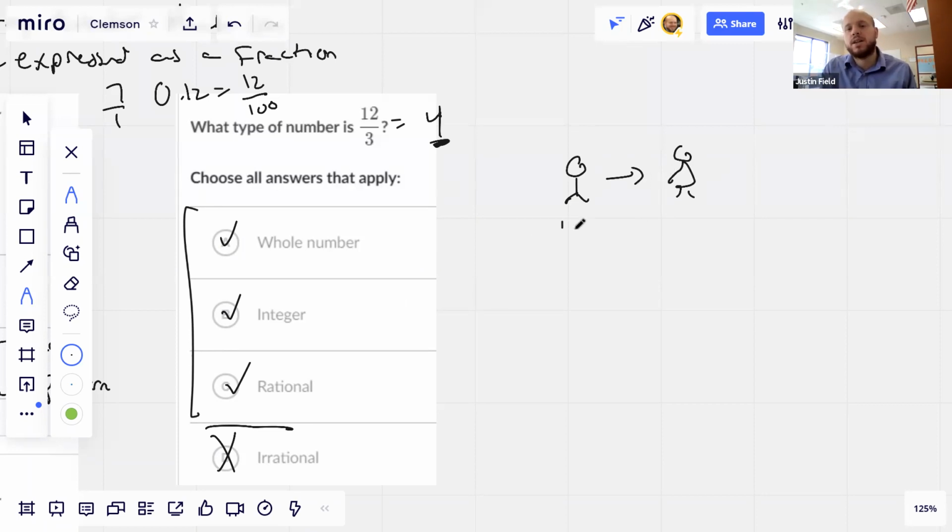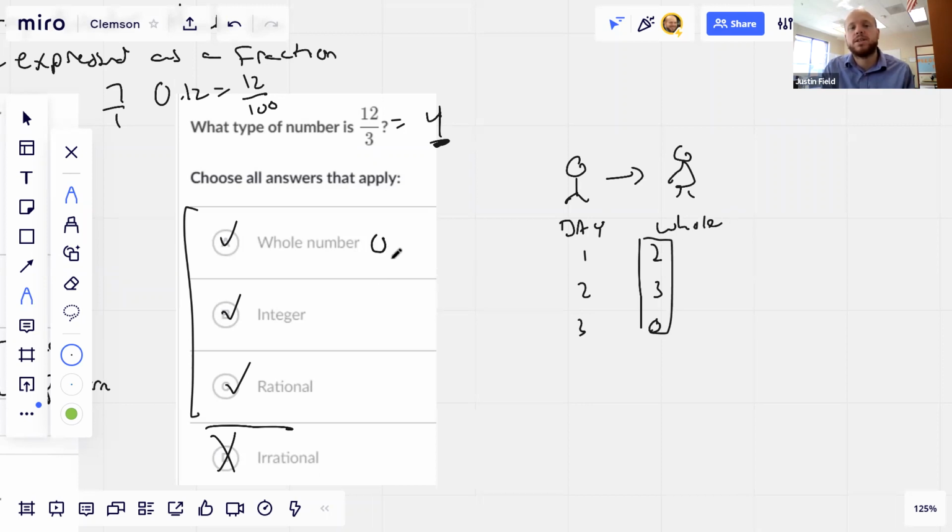And so on day 1, he got 2 rabbits. Then day 2, he got 3 rabbits. So he had to count the rabbits, and that was good. We needed numbers though to distinguish how many rabbits he had. And then day 3 is bad. He got 0 rabbits. And so all of these numbers are called whole numbers.